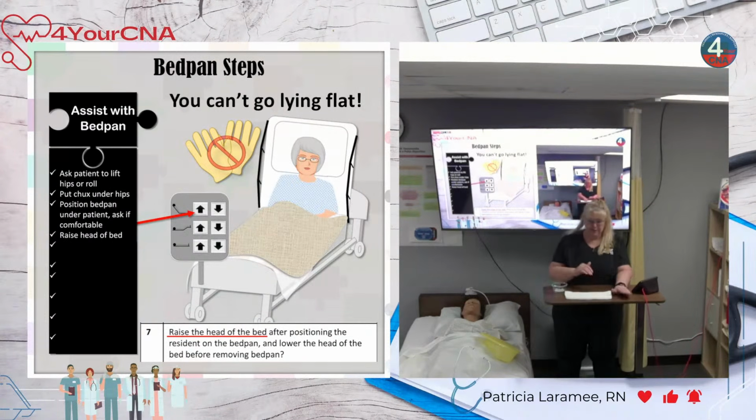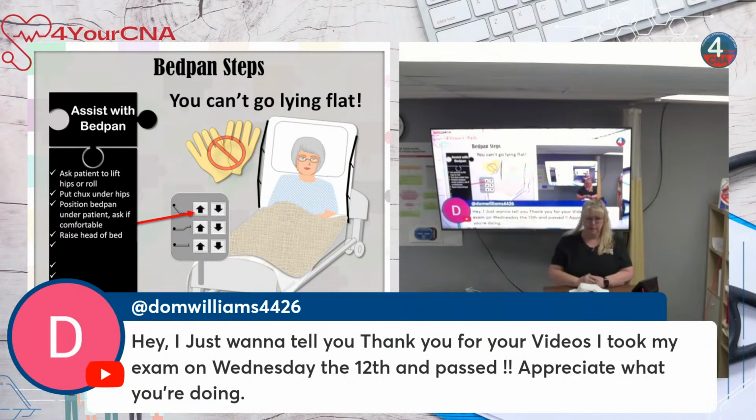This is my patient, this is my bed, and I put a bedpan under that patient's bottom. What does it do to their bottom? Raises it up. Absolutely. If that patient pees, that urine is going right up their back and into their hair. It did not go in the bedpan because of gravity.